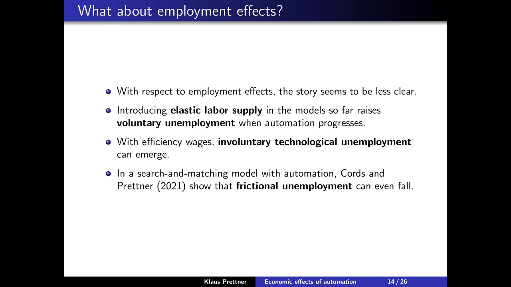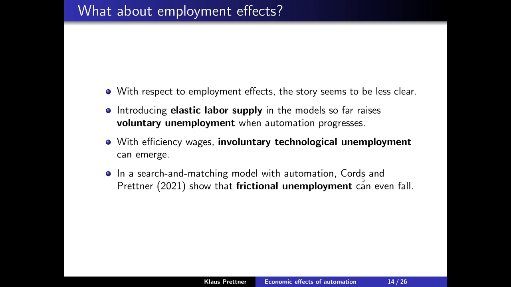And the reason is that the matching on the low-skilled labor market in this case becomes more efficient, and therefore you have more firm creation, and in exchange for the workers that become unemployed in the low-skilled labor market, many workers become employed in the high-skilled labor market, and overall the situation can emerge that the job creation for the high-skilled labor market even compensates for the job loss of the low-skilled labor market.